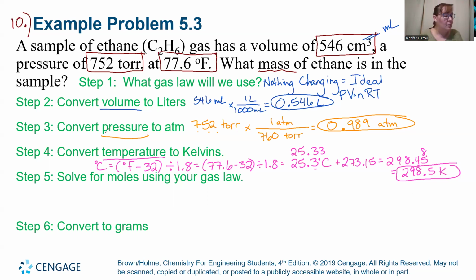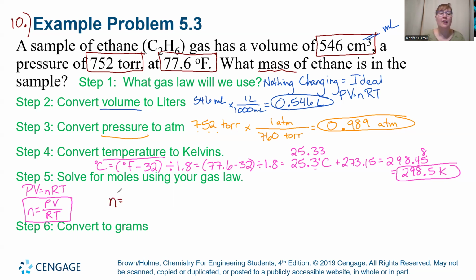Good. Okay. Now what we're going to do is we're going to solve for moles using your gas law. Okay, so if we have PV equals nRT and we need to solve for n, that becomes n is equal to PV over RT. Going to actually use that a fair amount. Okay, so then I'll go ahead and change color so that everything is kept separate.